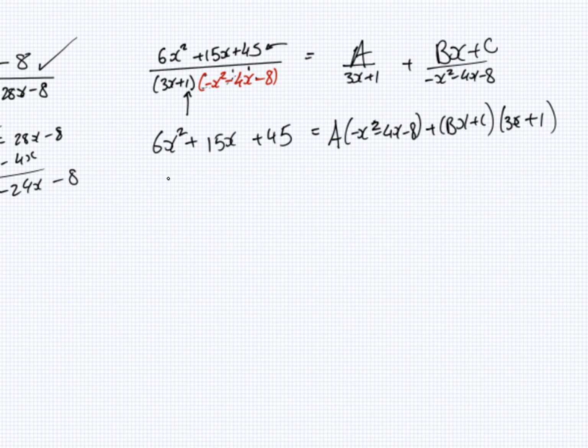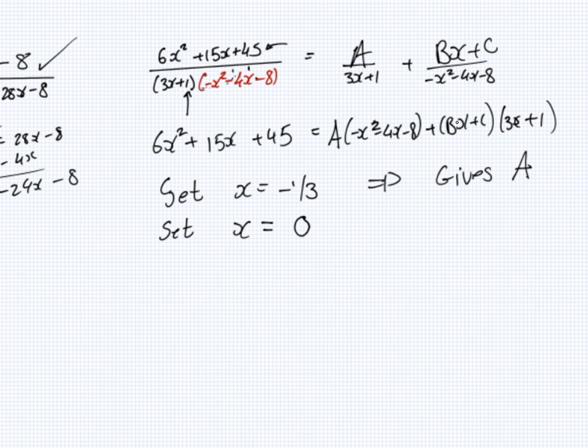So what should I choose for my first x? Set x equal to what? Minus 1 over 3. Good. What about for my next one? Oh, and this gives a. Right, what should I do next for x? 0. The 0 cancels this.